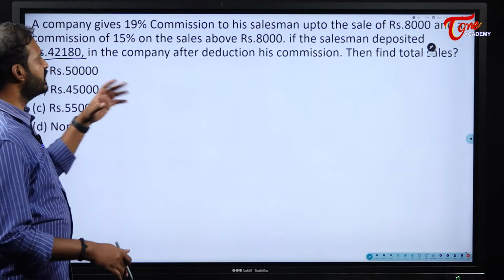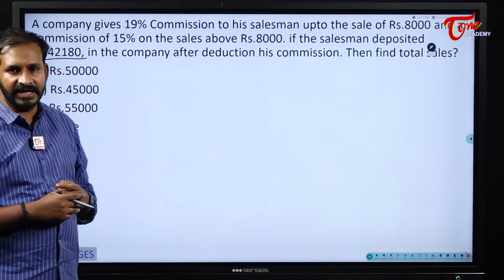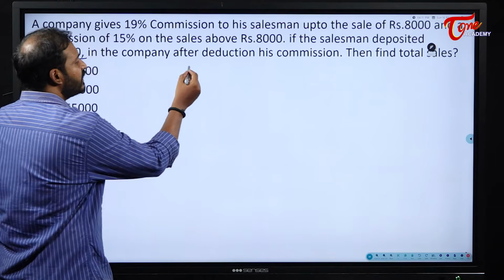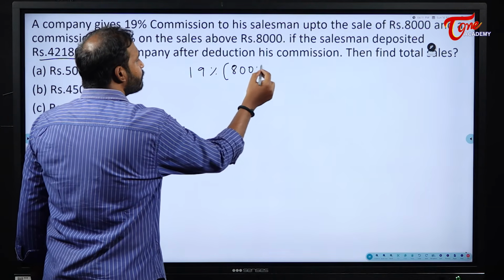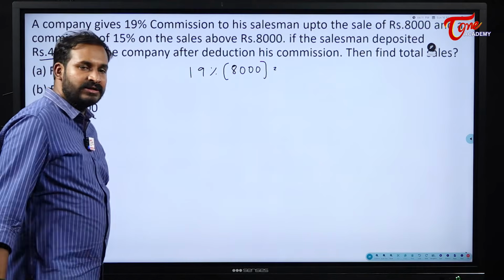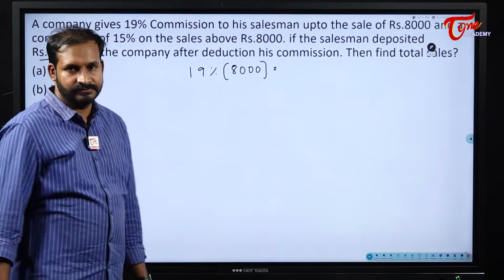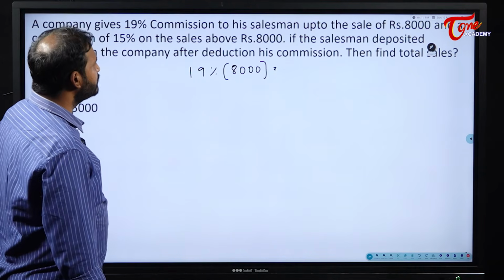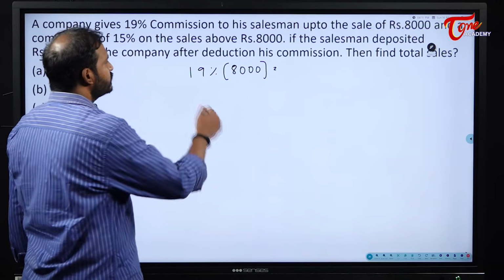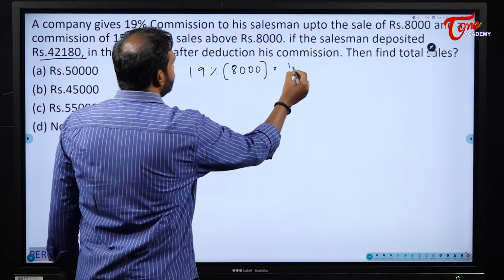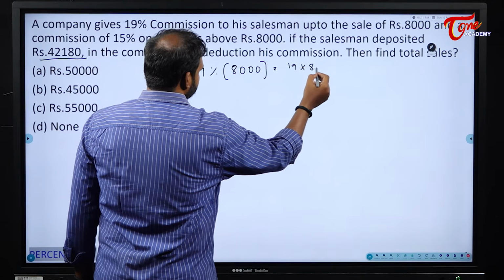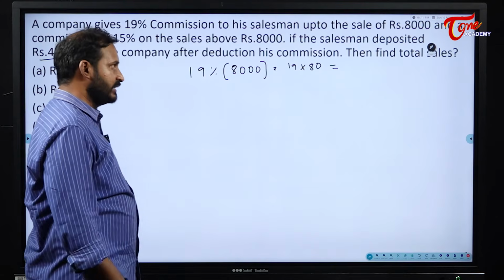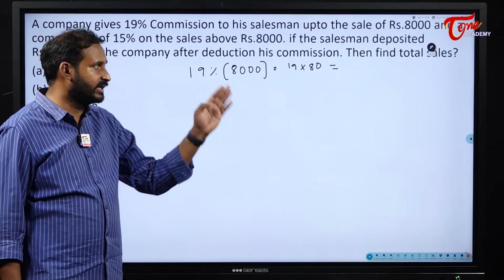Now up to 8,000 he will get a commission of 19%, right? So what is 19% of 8,000? 19% of 8,000 means 19 into 80, because 19 by 100 gets cancelled.